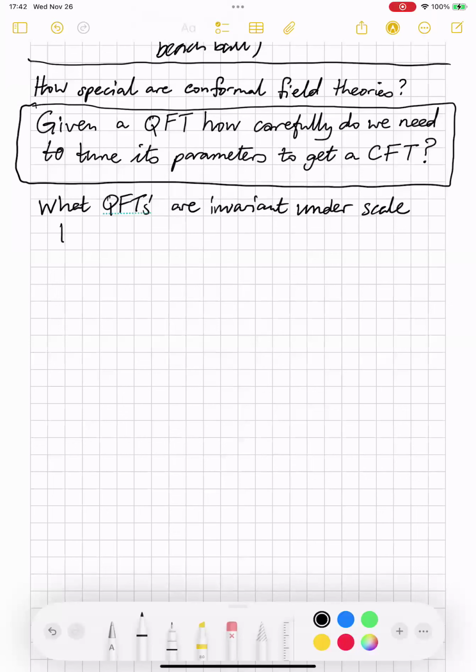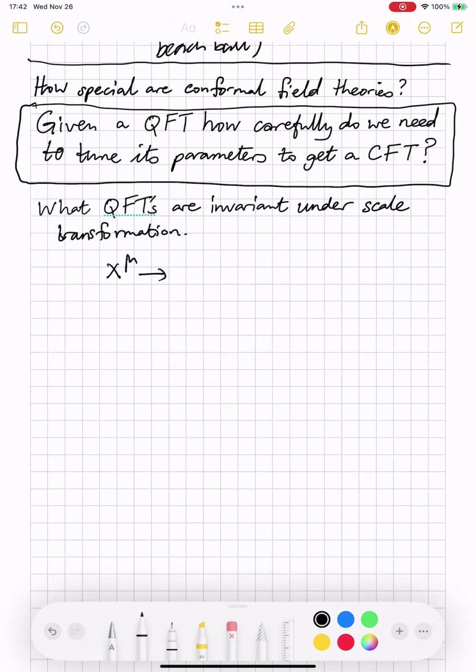What I have in mind is something pretty simple. We're just going to take x^μ and scale it into λx^μ. And we want to know which quantum field theories would be invariant under that.